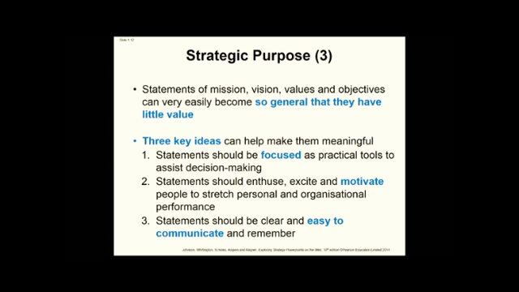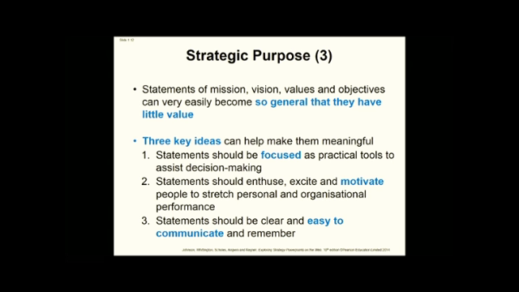So, we've talked about the 4 elements that make up the strategic purpose. These can all be so general that they really mean very little indeed. Our mission is to be the best manufacturer of motor vehicles on the planet.